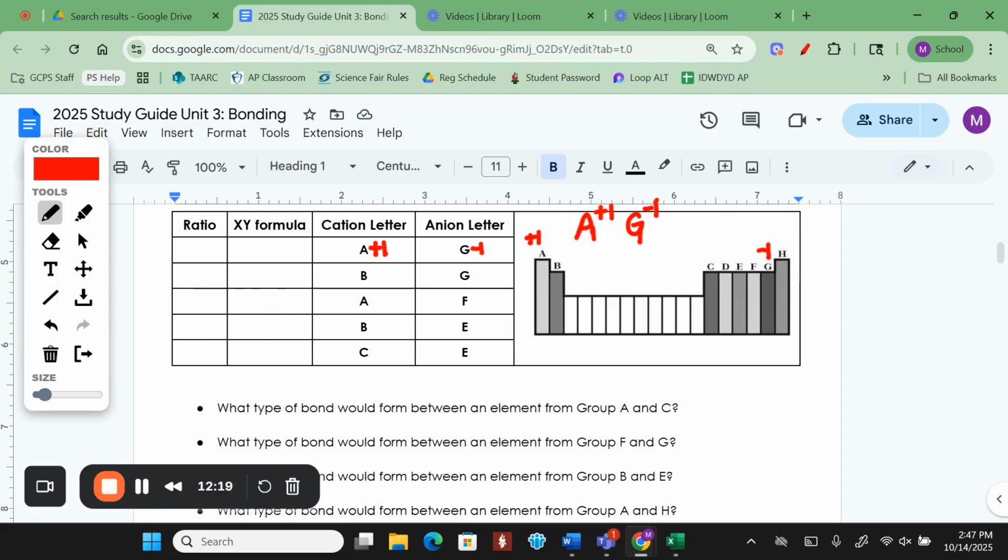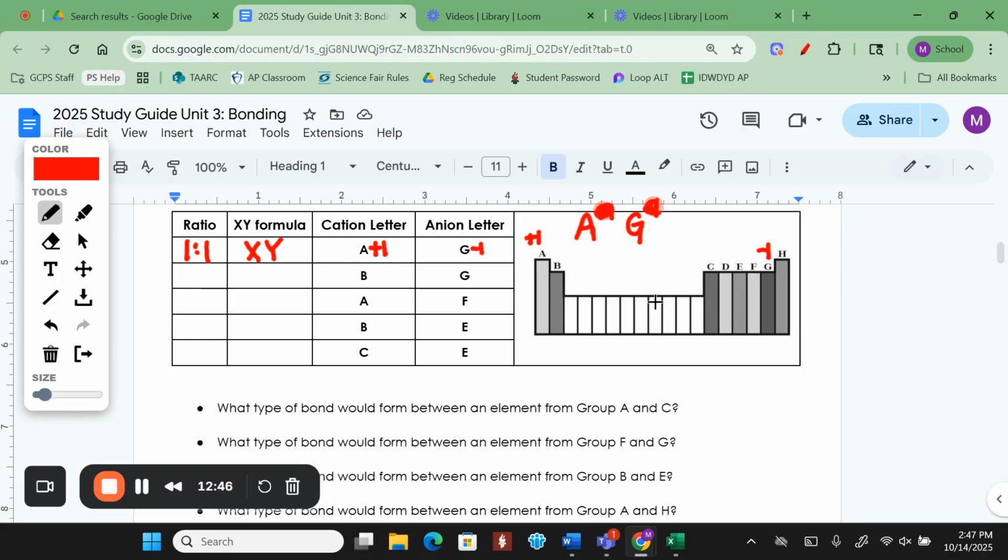If they're not the same number, build it out and then answer the question. When I take a look at these numbers, I have one positive and one negative. Those are going to be the same number, 1 and 1. So I'm going to be able to cancel out those charges. That means I have 1A to 1G, a 1-to-1 ratio. In the XY formula, that would be XY.